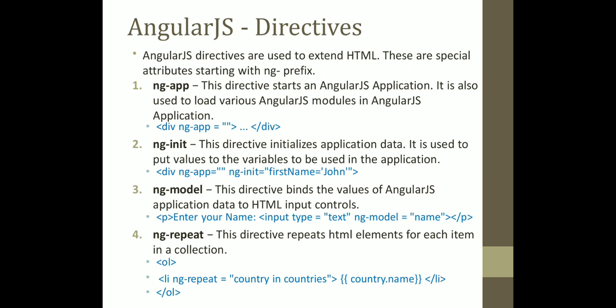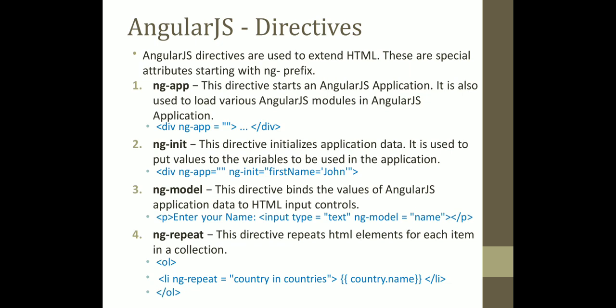We have started the paragraph and there we have mentioned one line, enter your name, and then the input is taken as input type equals text, ng-model equals name. So whatever the requirement you are giving here is of type text, meaning you are asked to enter the name, so the input has type text and ng-model is given as name.